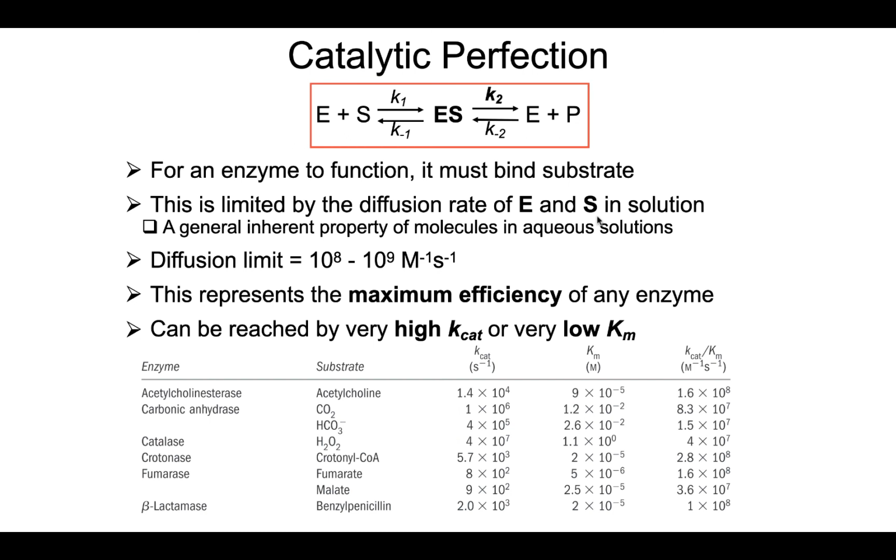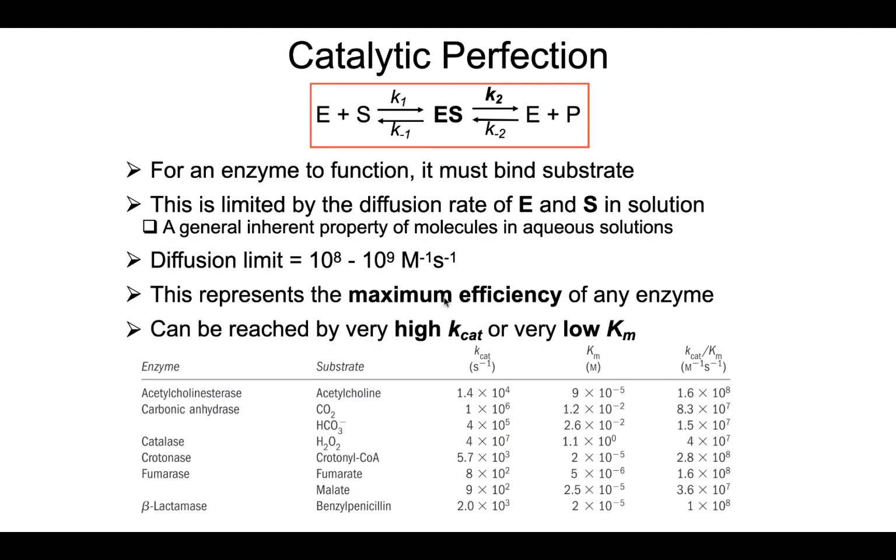And you can't go any faster than that diffusion rate. So that diffusion limit is something between 10 to the 8th and 10 to the 9th per molar per second. This represents the maximum efficiency of an enzyme. All right? And that's called catalytic perfection.